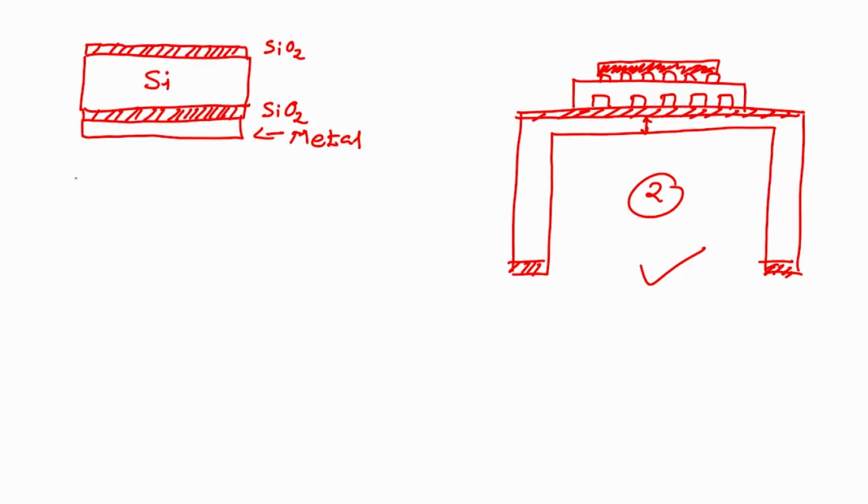What do we do? We spin coat photoresist. Then after spin coating we pre-bake it. I will pre-bake it at 90 degree, this is my photoresist, positive photoresist.